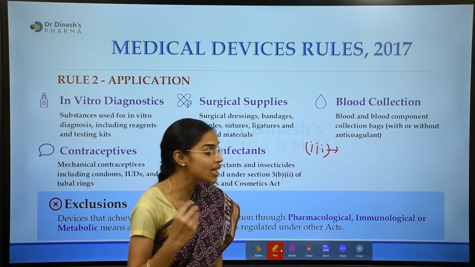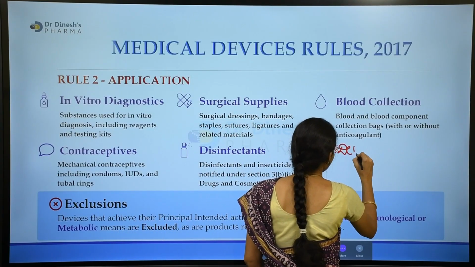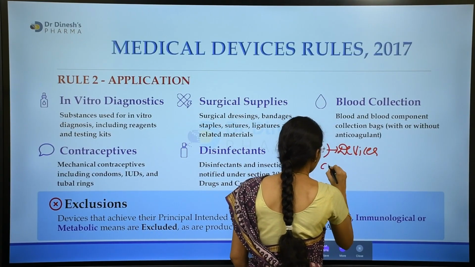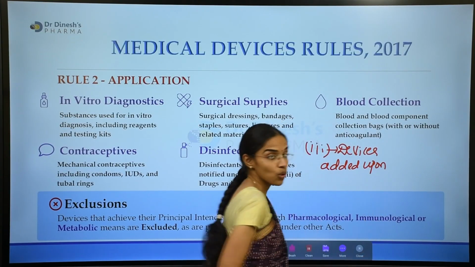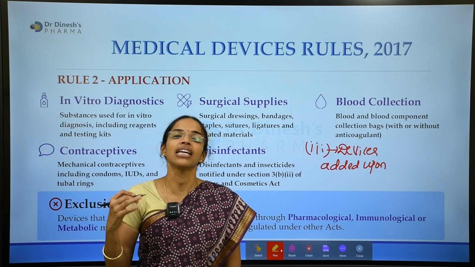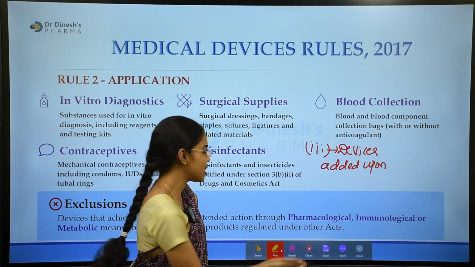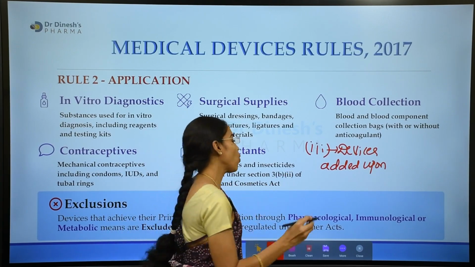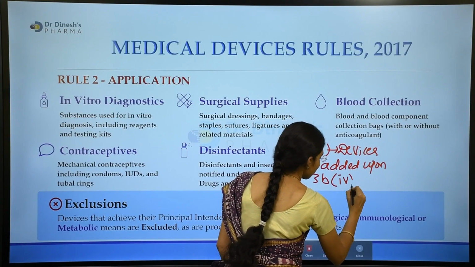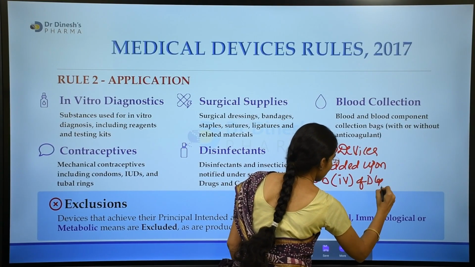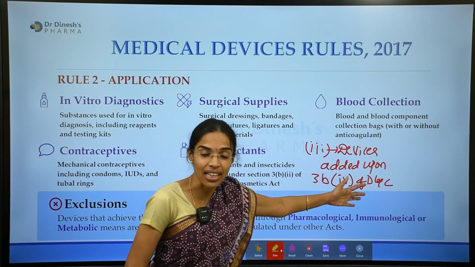Subclause 3 covers any medical device that is added according to section 3B subclause 4 of the Drugs and Cosmetics Act.